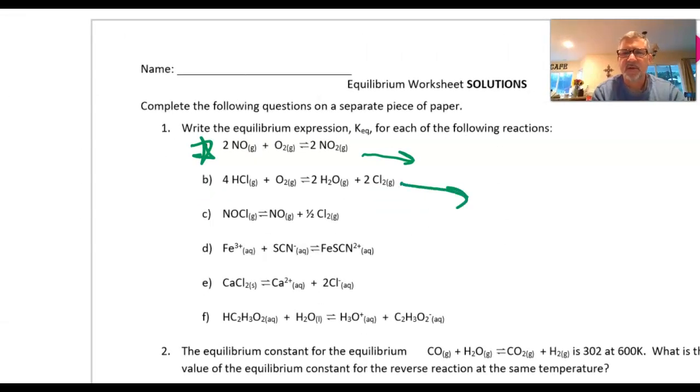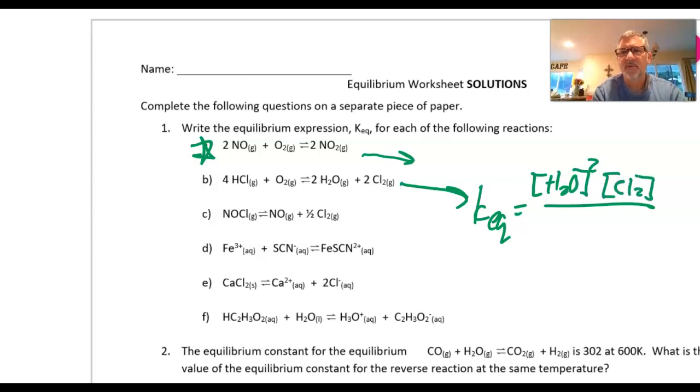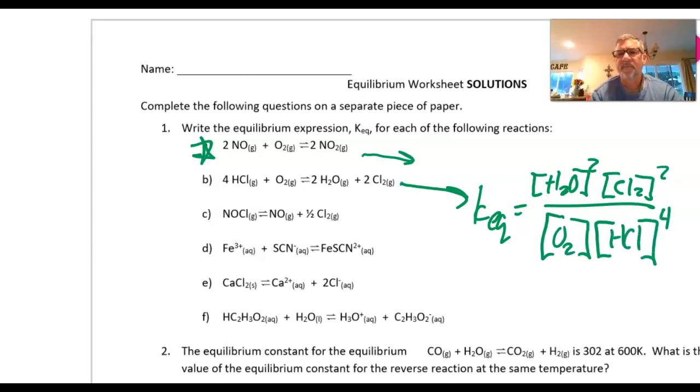If I fill this out, my Keq is products over reactants. I get my brackets: H2O, quantity squared because it has a coefficient; Cl2, quantity squared because it has a coefficient; underneath I get my O2 and my HCl to the power 4. That's how you do those.